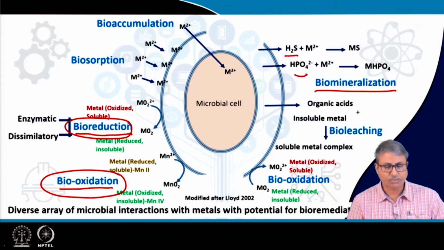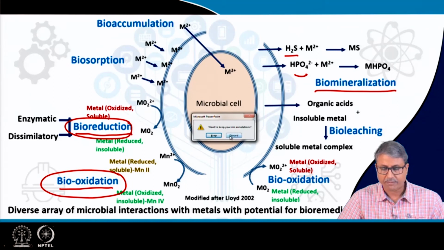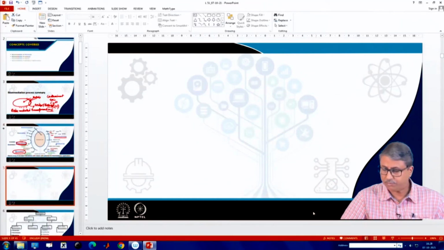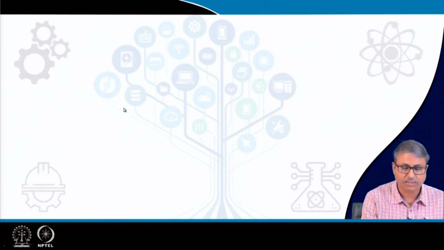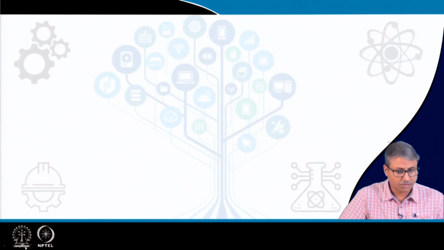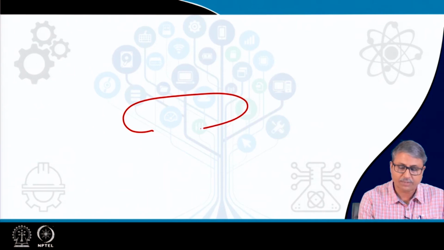Before I go into the details of this process, I would like to quickly have a recap with further detailing of these processes. For example, if we want to see how these redox transformations are actually catalyzed, we can understand that there are bacterial strains naturally present. So, under any aquifer or contaminated environment, microorganisms are naturally present.